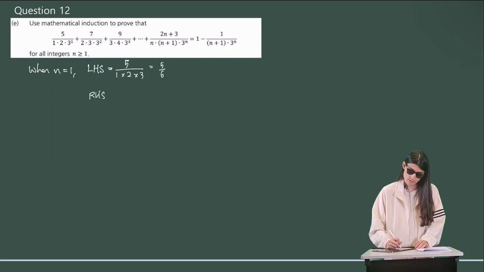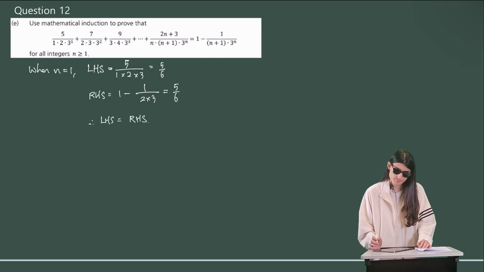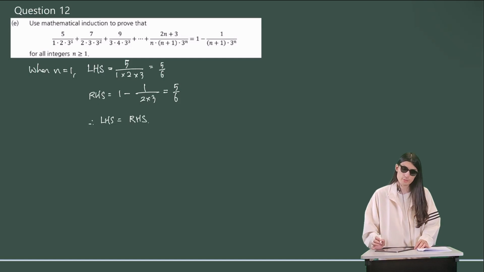Your right-hand side, 1 minus 1 over 2 times 3, which is also 5 on 6. Therefore, the base case is established. Assume the statement true for n equals k.